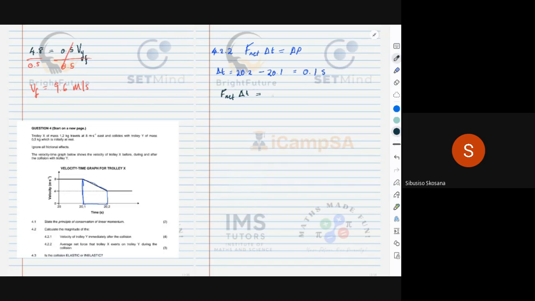Okay, so we're going to have momentum final, mvf minus mvi. So now my question to you would be, which box are we using here? Are we using trolley X or are we using trolley Y?